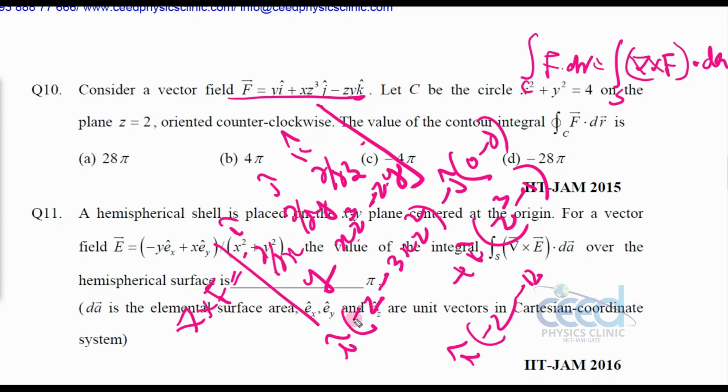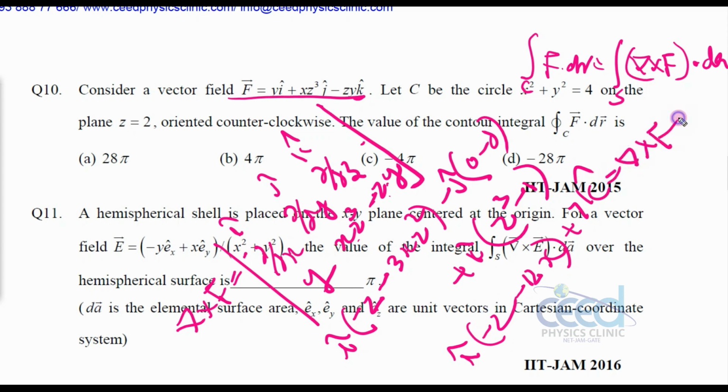So it is i cap into minus 12x, and the remaining term is plus z cubed, 2 cubed is 8, 8 minus 1, that is plus 7 k cap. Now this is the result I have, and this is equal to del cross f.